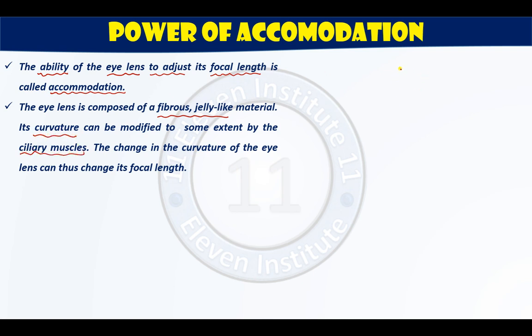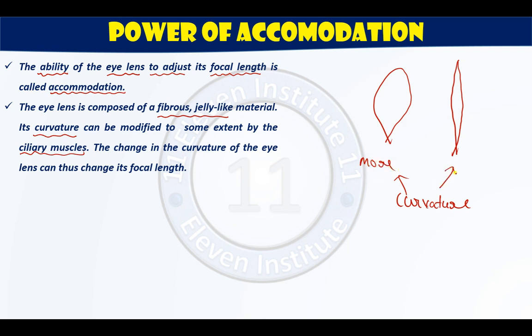The eye lens can be of this shape and it can be of this shape also. Here the curvature is more, here the curvature is less. But this curvature is controlled to some extent by the ciliary muscles.